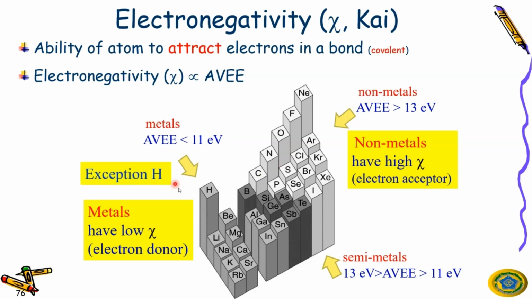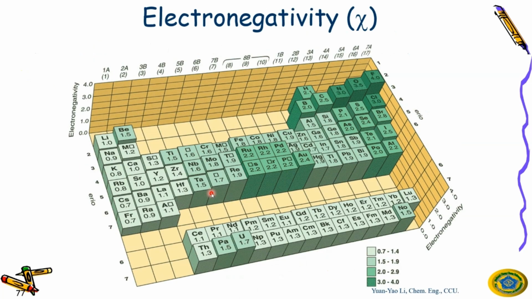Of course, except hydrogen, because hydrogen only has 1 electron. And these are the chi electronegativity values for all elements. As you know, the chi will decrease from the top to the bottom. I hope you still remember. Oh, hydrogen is not in this location. Hydrogen is somewhere here.